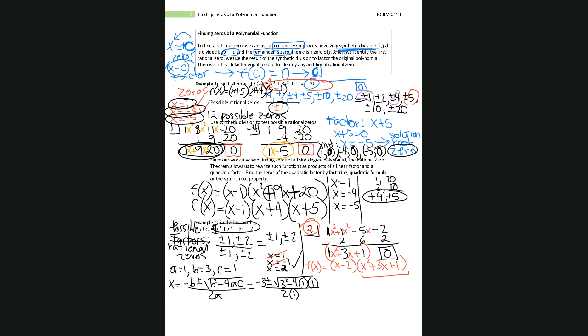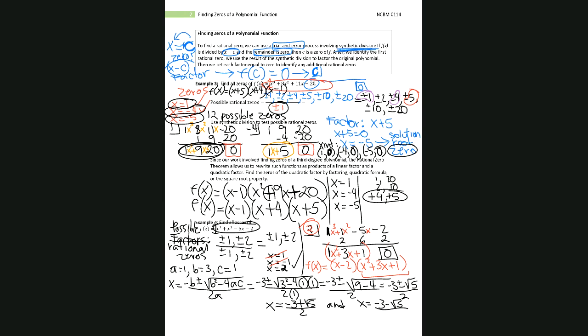So by simplifying this, we'll get negative 3 plus or minus the square root of 9 minus 4, divided by 2. This will be the same as negative 3 plus or minus the square root of 5 divided by 2. Now from here, you need to consider that you have two solutions. One of them will be x equals negative 3 plus the square root of 5 divided by 2, and the other one will be x equals negative 3 minus the square root of 5 divided by 2.